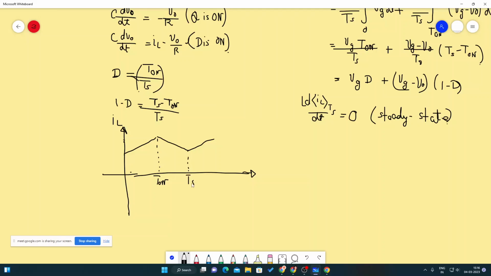Now what I am saying is we will have an average inductor current. This is the average inductor current, IL over Ts. So what I am claiming is the average inductor current at the beginning of the switching period is equal to the average inductor current at the end of the switching period under steady state condition.